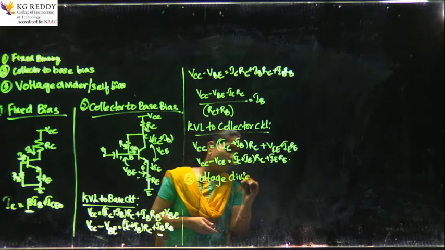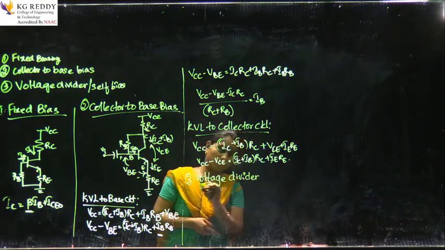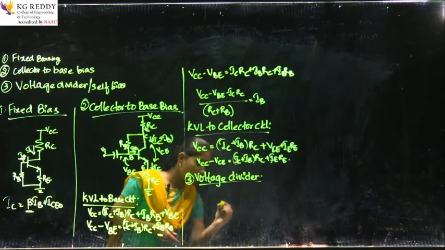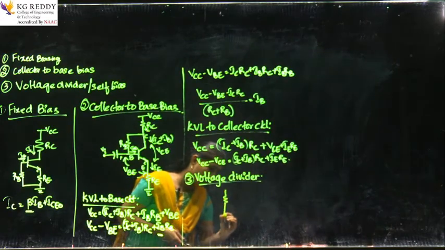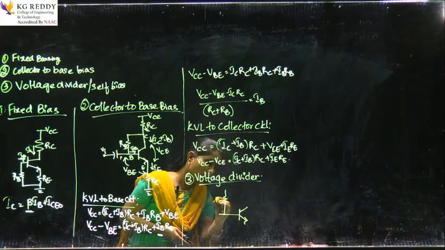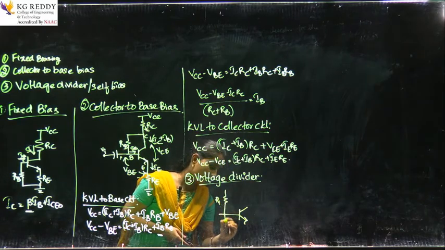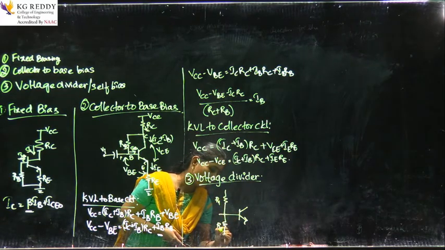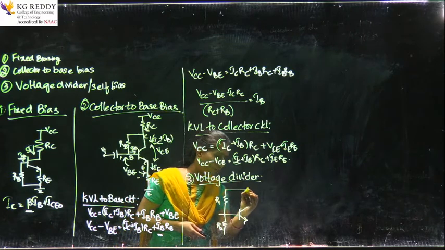Voltage divider or self bias circuit. Now, coming to this, instead of using one base resistor, we will use two resistors R1 and R2, which act as a potential divider network.